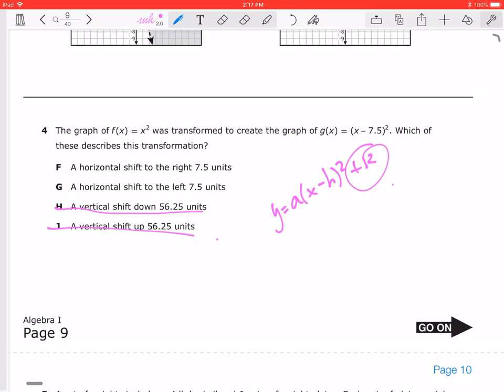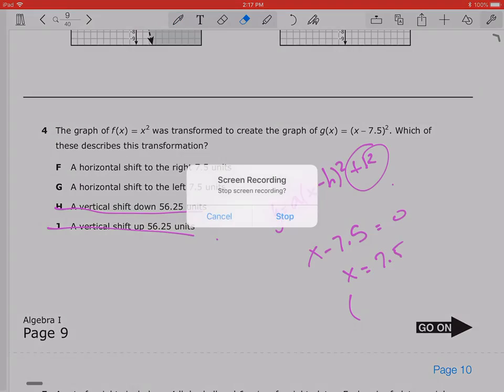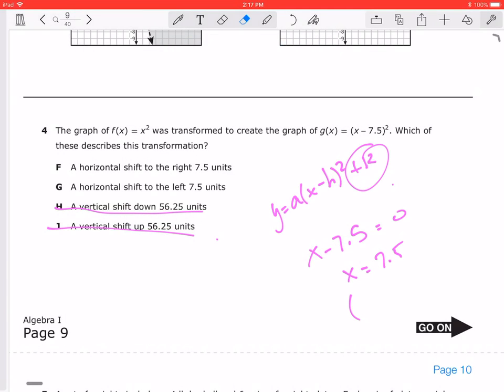Now, a horizontal shift to the right 7.5 units or a horizontal shift to the left 7.5 units. Now remember, if I take x minus 7.5 is equal to 0, the x value would be equal to 7.5. So that means the vertex would be at 7.5, comma 0.